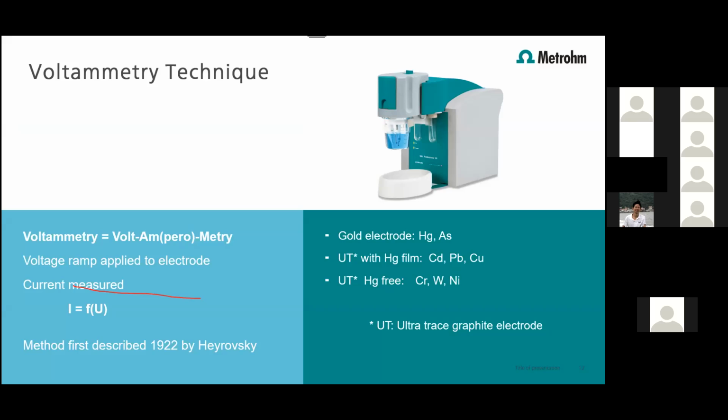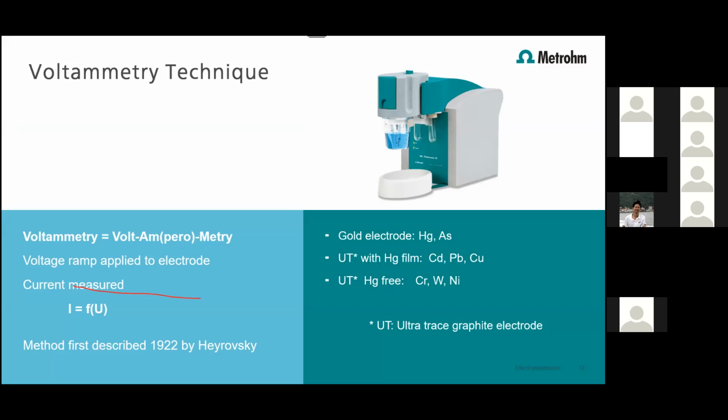No, this is a VA instrument. For this instrument, does it only determine 8 metal elements, or can it expand to more metal elements?